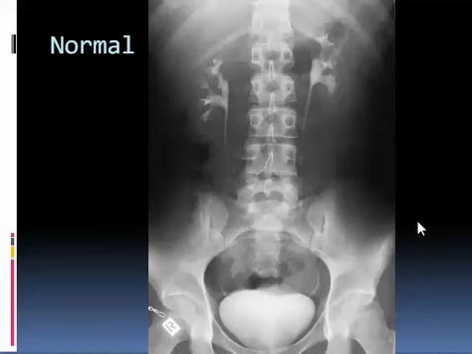And at the same time, don't forget that this film is giving you an idea about the soft tissues in the abdomen, in contrast to the delineated kidneys. So these are the kidneys, and here is the psoas, and here is another psoas, and this is the region of the liver where there is no gas, and this is the gastric rugae delineated with gas.